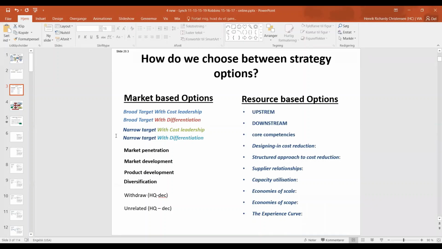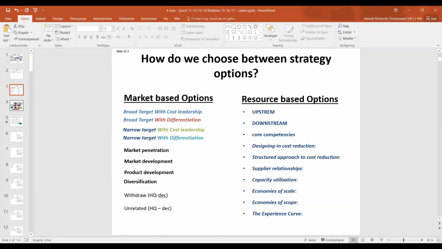And we have the rest of the market-based options down here. Over here, we have our resource-based options. We could talk about upstream, downstream, competences, etc. So based on our external analysis, we developed these, and based on our resources, we developed these.